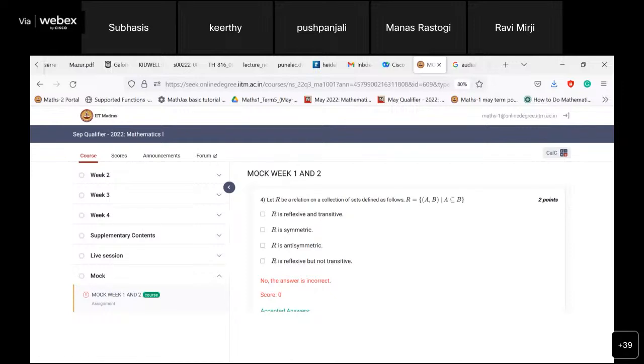So you are correct. Actually, one should mention what kind of set you are taking, because if you take an empty set, then automatically it will satisfy all the conditions. And probably if you take a singleton set, then it will satisfy all the conditions. For an example, sir, we take A equal to 1 and B equal to 1 comma 2, then it clarifies why it is antisymmetric.